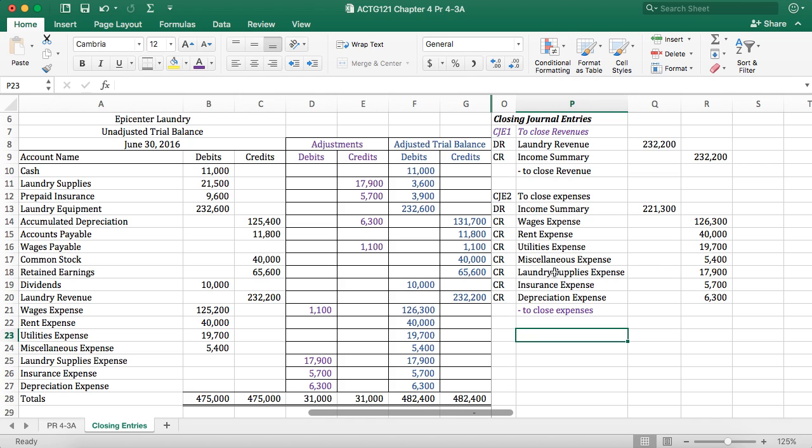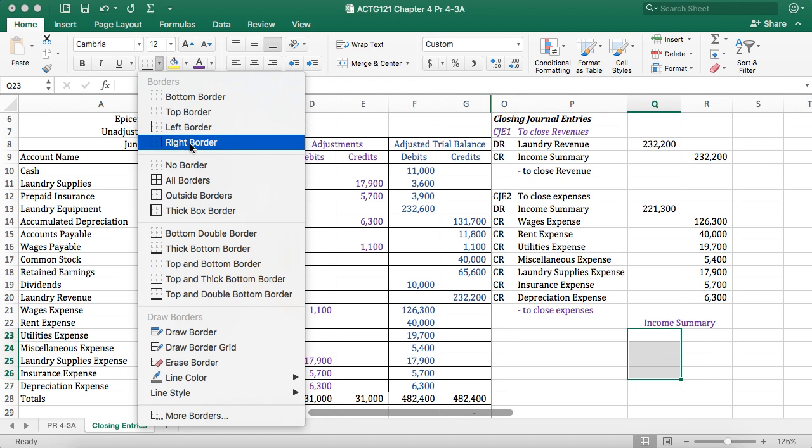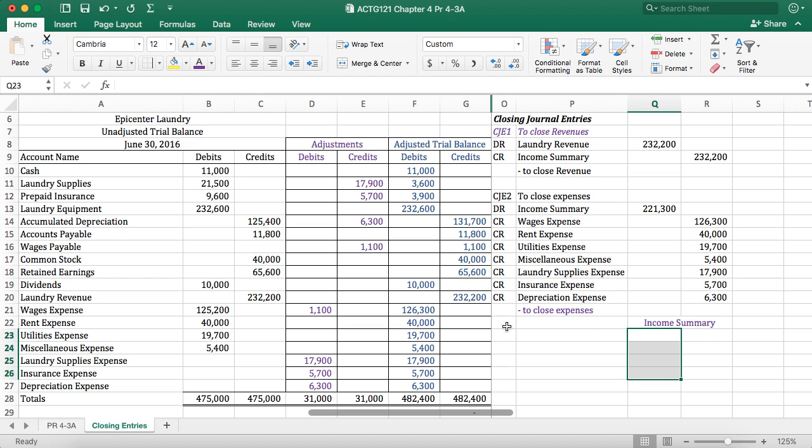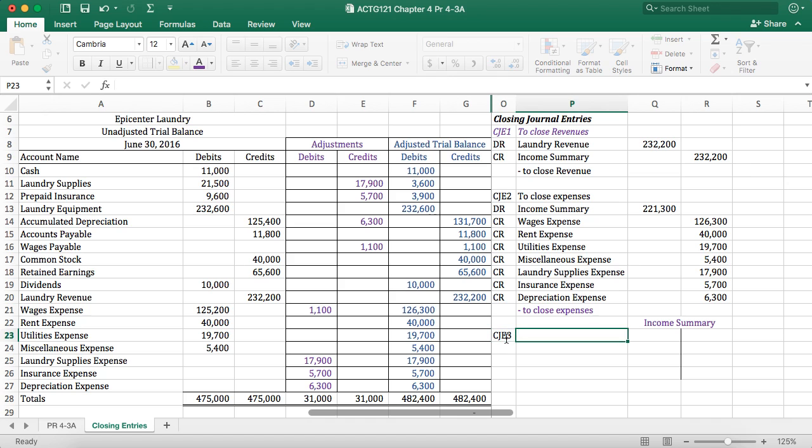The next step is actually to close your income summary account. So I like to start with a T account. I'm going to create my T account right here. CJE3 is to close income summary.